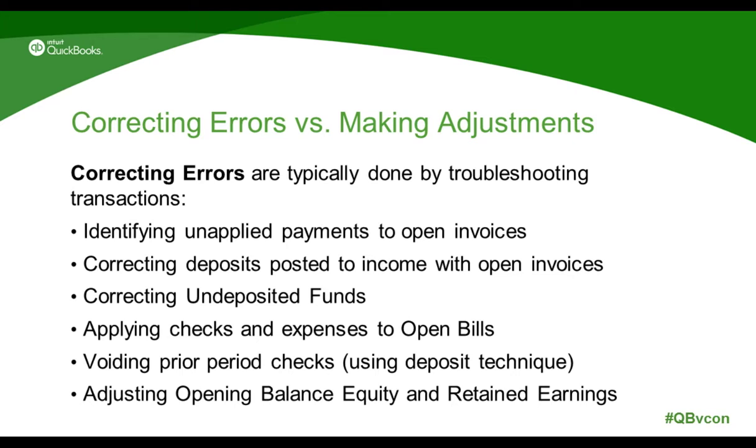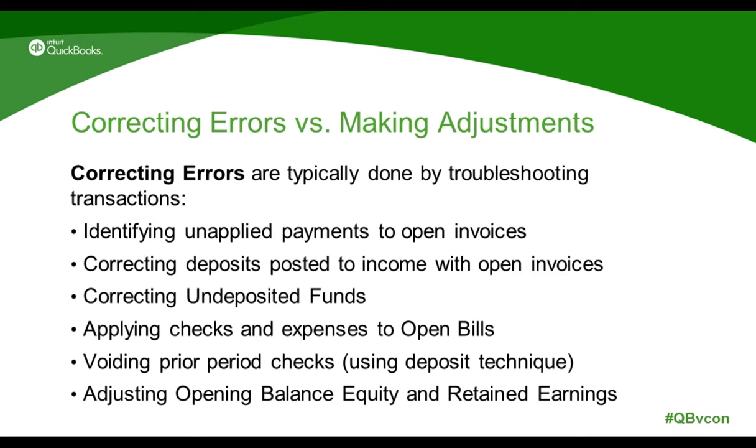And the most common things that we do when it comes to troubleshooting is we identify unapplied payments to open invoices, and we match those. If there are deposits posted to income, and we have an issue with undeposited funds, for example, a very typical thing, we're going to adjust those deposits, move them to undeposited funds, and adjust those undeposited funds manually, invoice by invoice.